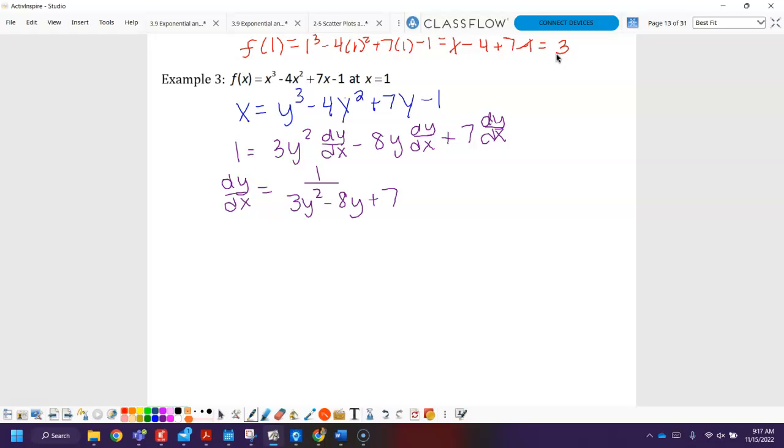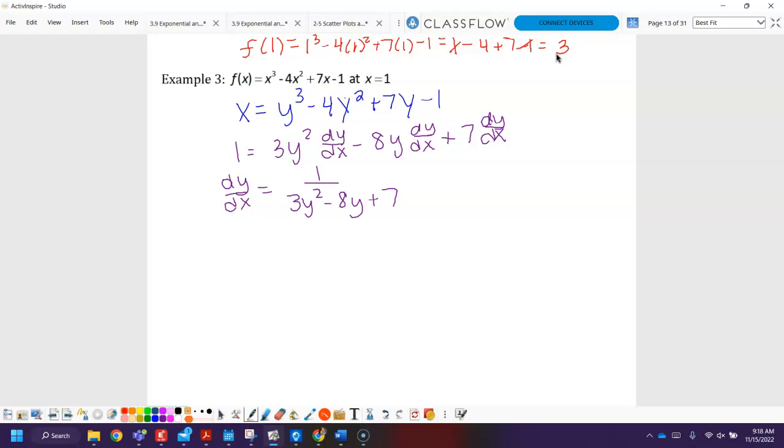So my original x is 1, my y is 3. But what is the y on the inverse? 1. So I'm plugging 1 into my problem, not 3. Because again, that 3 is the y of the original.